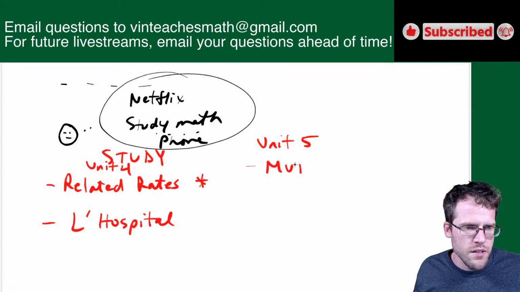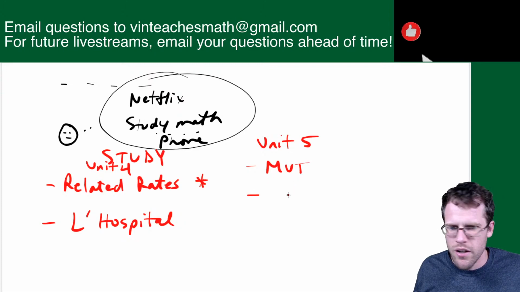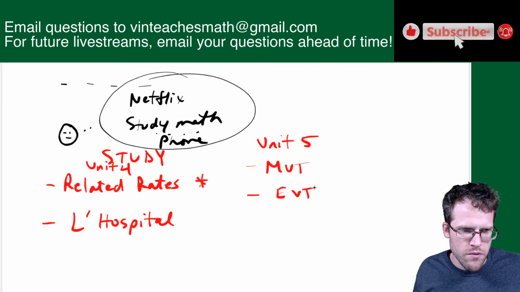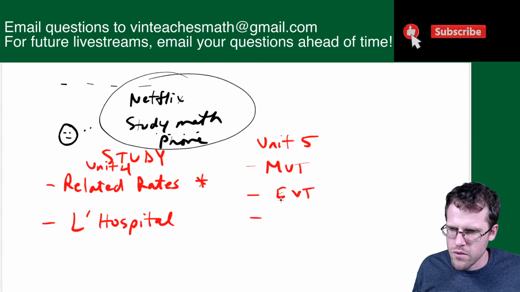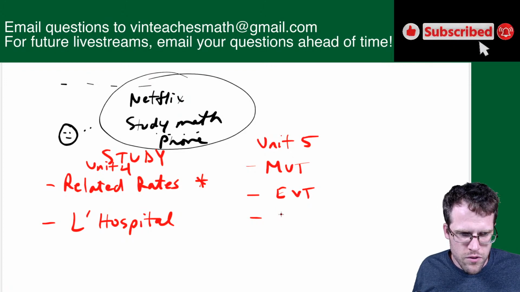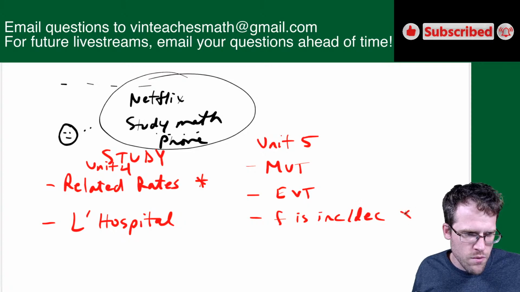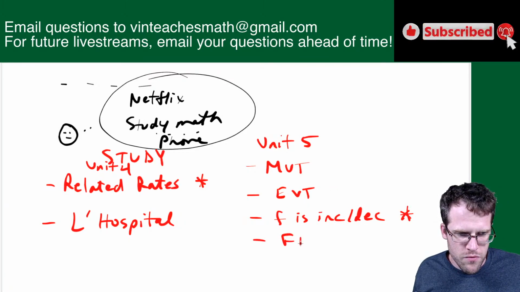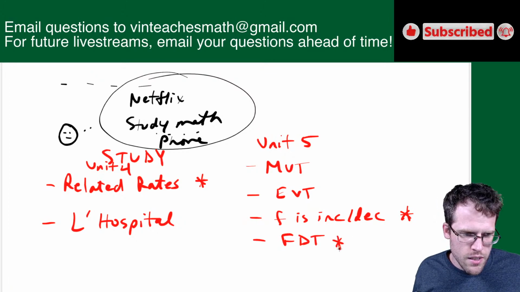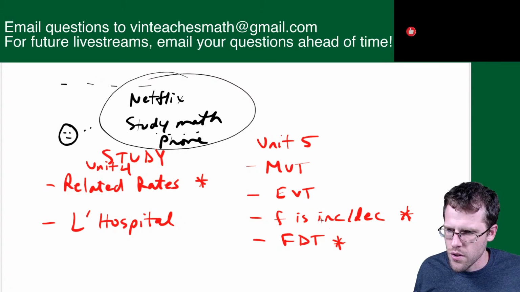So MVT is not massive, but it's there. Extreme value theorem, the ideas are big. I feel like this connects well to intervals where f is increasing, decreasing. This one I'll star, because this is part of a bigger idea. First derivative test, yeah, that's something that you should know.